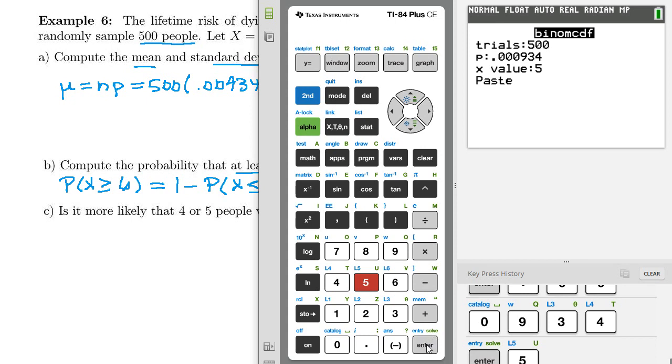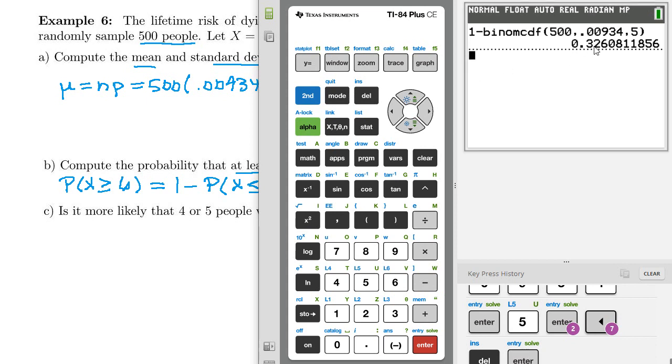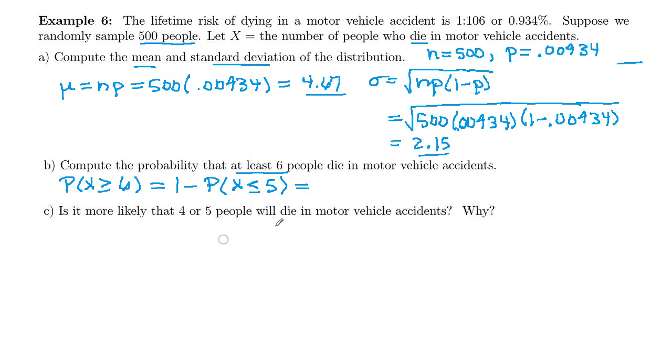We want less than or equal to 5. Oh, I've got one too many zeros in there. Let me just delete one of those out. There we go, 0.00934. So 0.3261 to 4 decimal places. So approximately 33% chance.